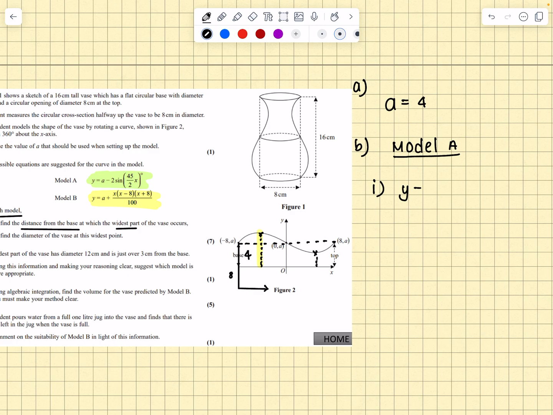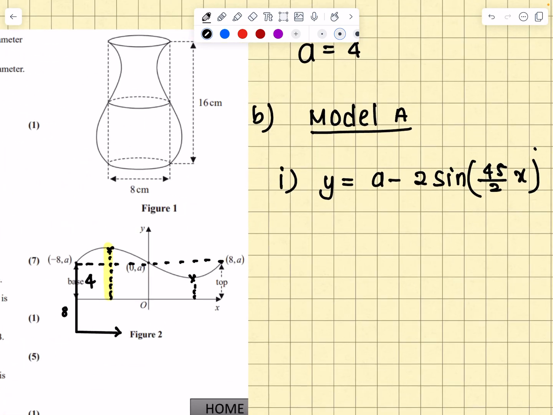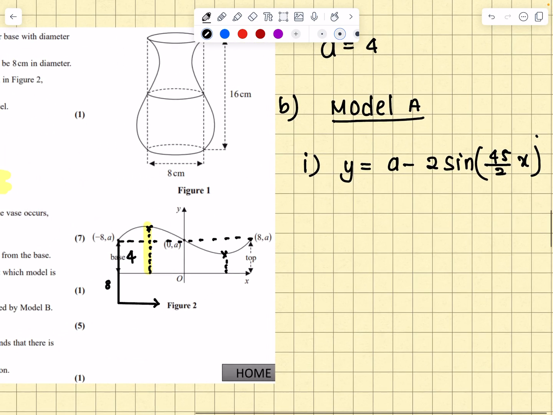So I know y equals a minus 2 sine 45 over 2 x. And in relevance to this, I'm going to find the maximum point or minimum point. The maximum for y would happen when sine of 45 over 2 x equals minus 1.